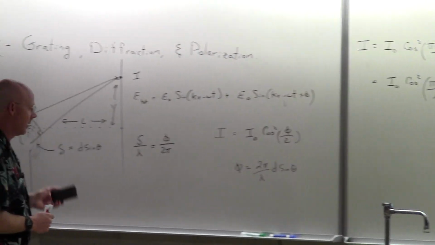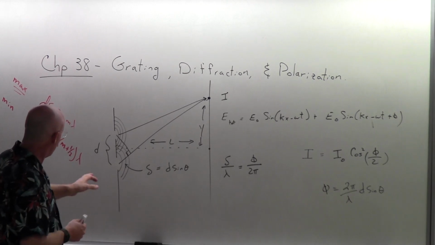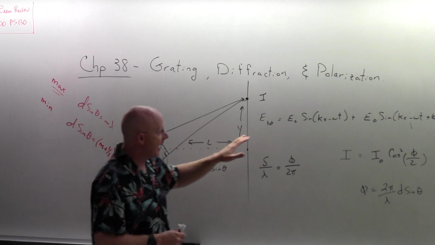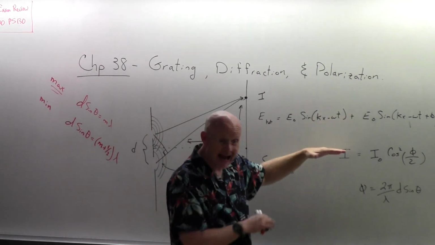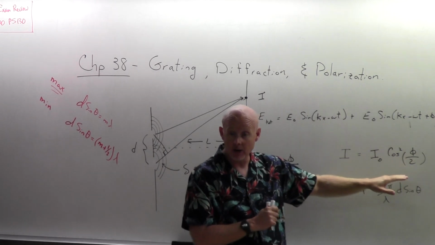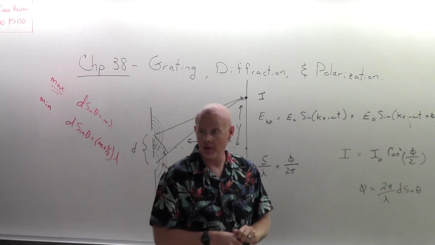Let's look again at what we did with the double slit. We first said this is the locations of them. And now we said let's get a more exact equation, one that would tell us the intensity pattern, one that would give us the equation of how it went bright, dark, bright, dark.